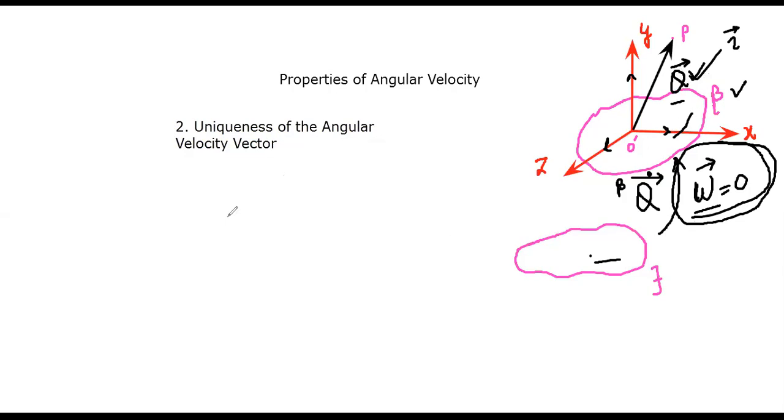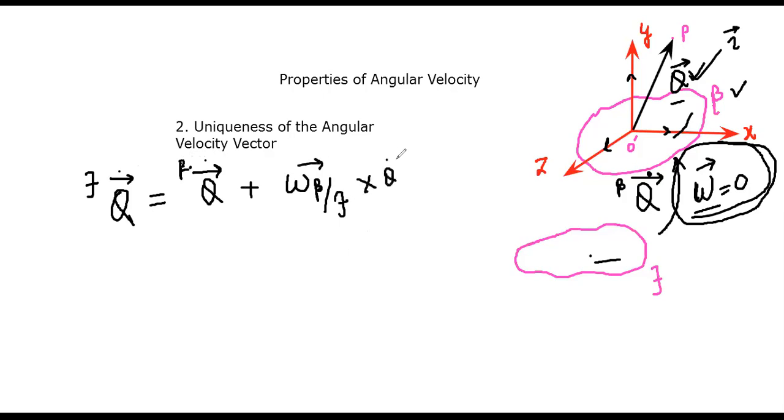Then we have the formula which we have just written: the derivative of vector q with respect to frame of reference ground is equal to the derivative of this vector with respect to the frame of reference beta plus the angular velocity of beta with respect to ground frame of reference and its cross product with the vector q, which is defined in the frame of reference beta.